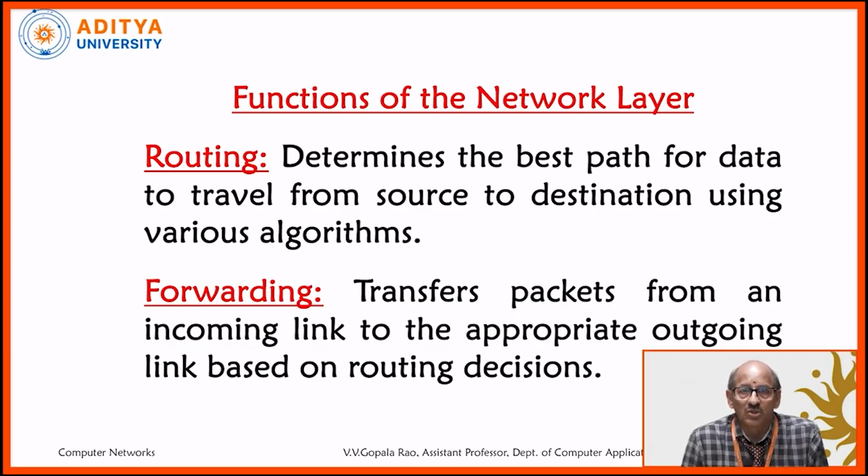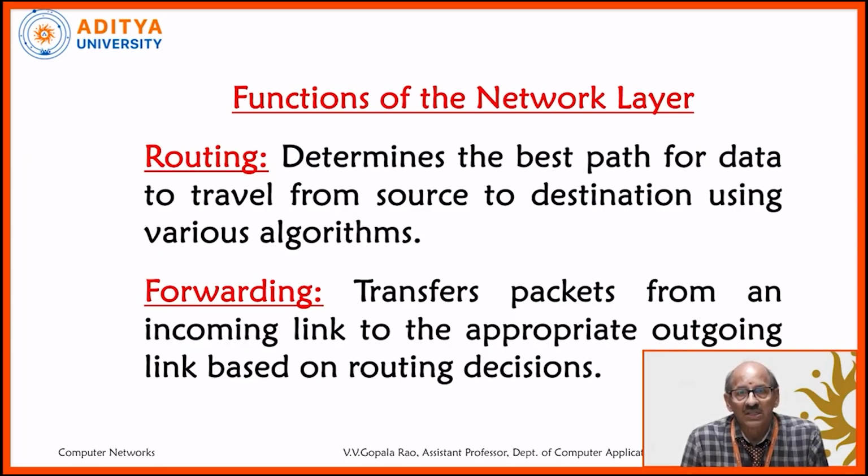Forwarding means what? Whenever the source generates some packets and allows them to travel, the subsequent devices have to take those packets into consideration and forward them to the neighboring devices so that the transmission can take place.